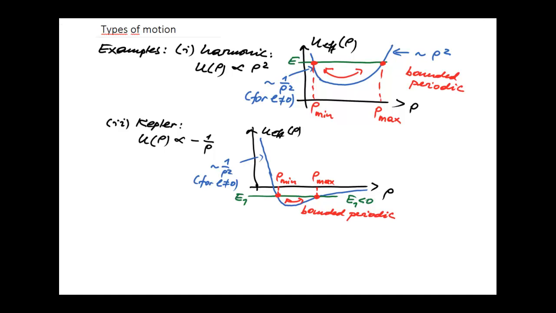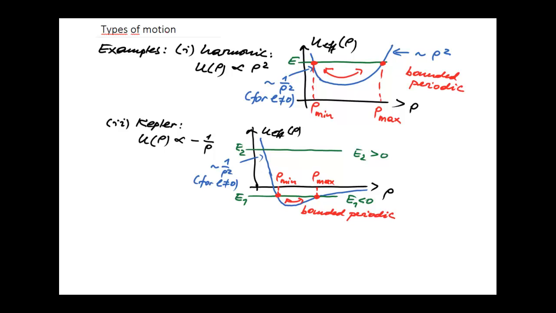But then you might have a second scenario where the total conserved energy is larger than 0. So you have the value somewhere here, E2, where E2 is larger than 0. If that is the case, then you still have a minimum distance.